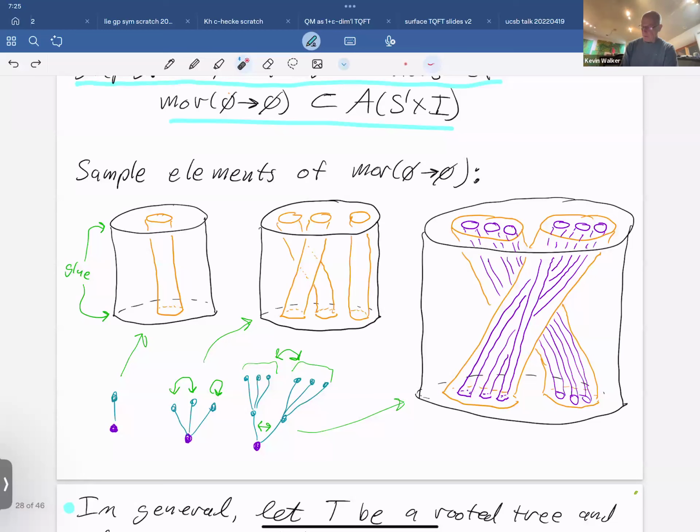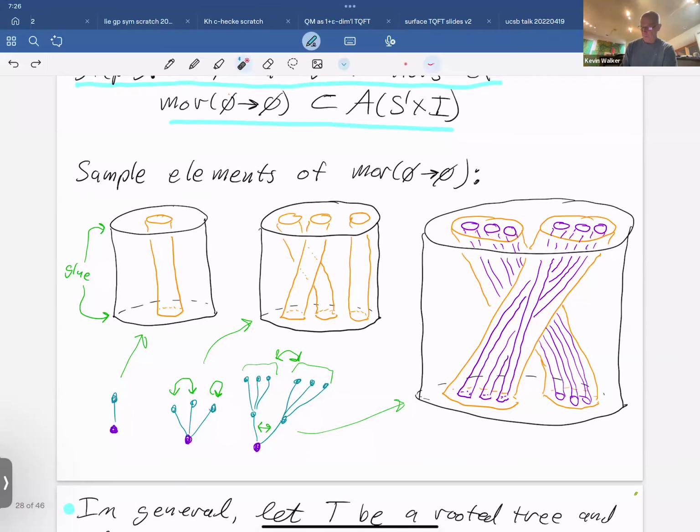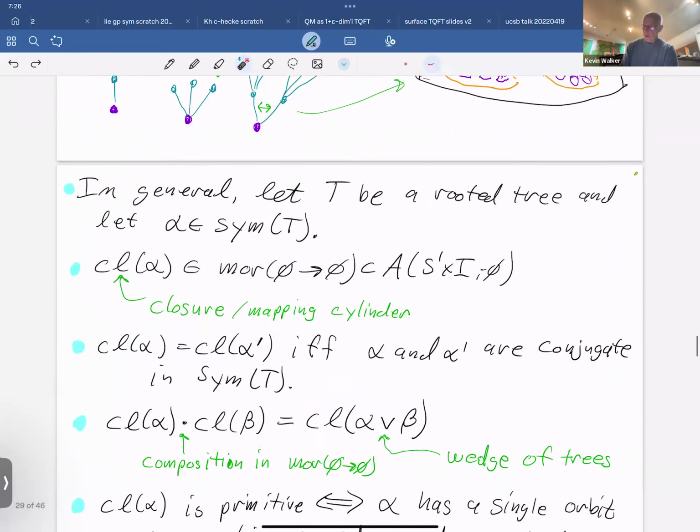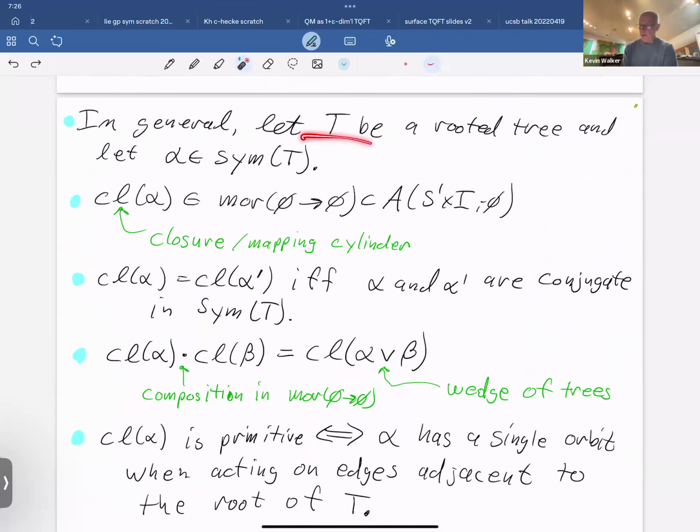Here we've got a more complicated tree, and so I would swap these two lower edges. That's the sort of big orange crossover. And then I might do some kind of permutation of these 6 twigs, which correspond to these 6 circles here. And so in general, given any rooted tree and a symmetry of it, I can form the closure as in the figure above.